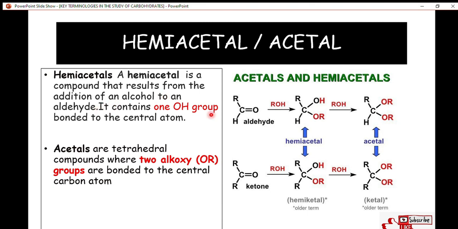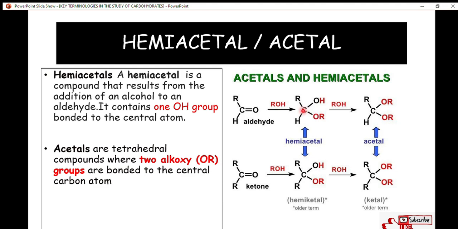When we add an alcohol to an aldehyde, we are breaking the carbonyl functional group over here and adding an OH group and an OR, that's the alkyl group, to this form. When we add the hydroxy group, we form a hemiacetal. In short, it contains one hydroxy group bonded to the central atom.